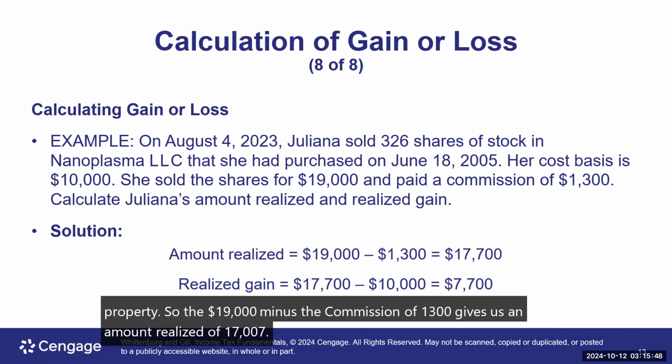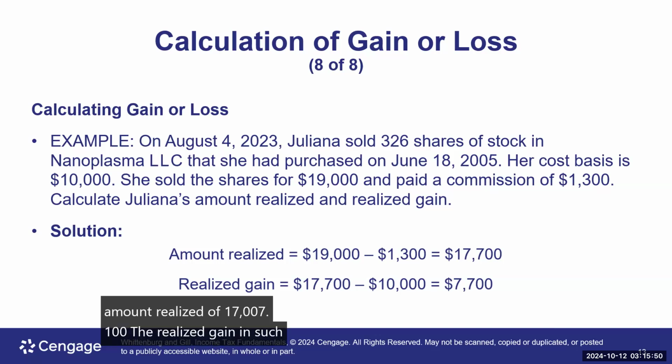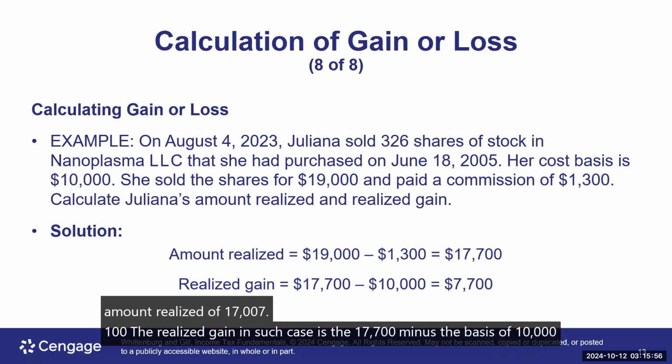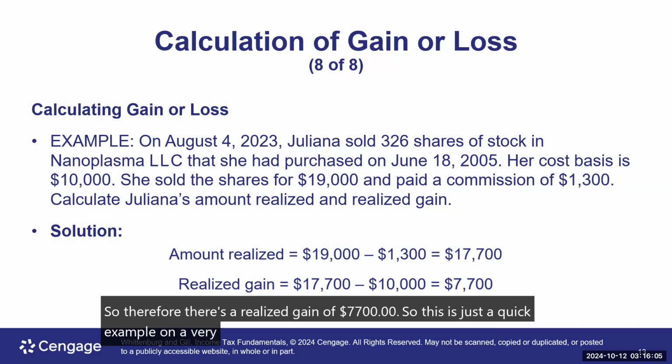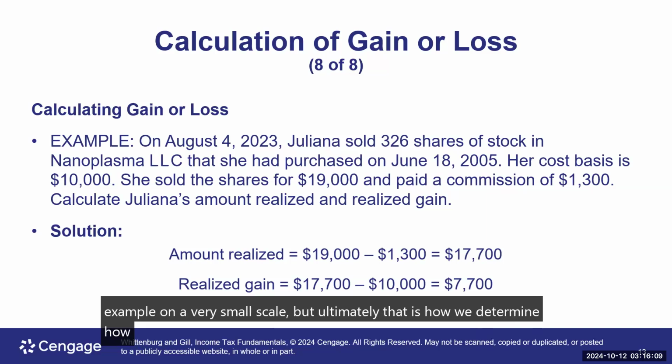The realized gain in such case is the $17,700 minus the basis of $10,000. So therefore, there's a realized gain of $7,700. So this is just a quick example on a very small scale, but ultimately, that is how we determine how these amounts are going to be treated.